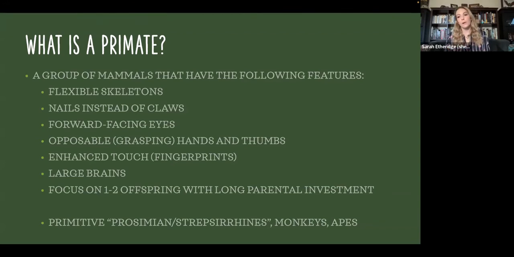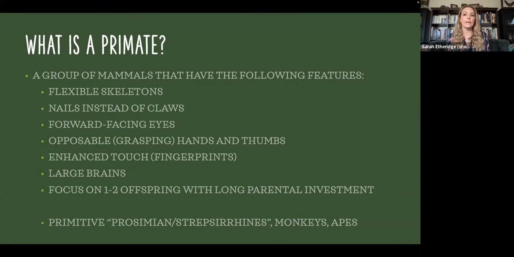We have very large brains compared to our body size, and we focus on quality of offspring, not quantity. So we tend to have 1 to 2 offspring. We tend to focus on those offspring and really make sure that they are going to be capable adults. We're not having litters of babies at the same time, several times a year.